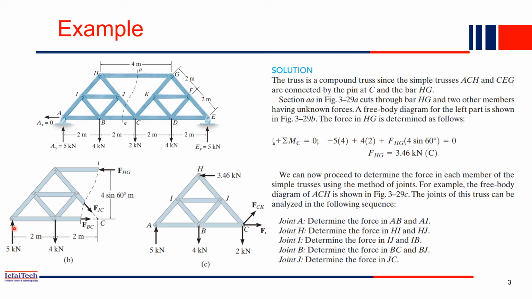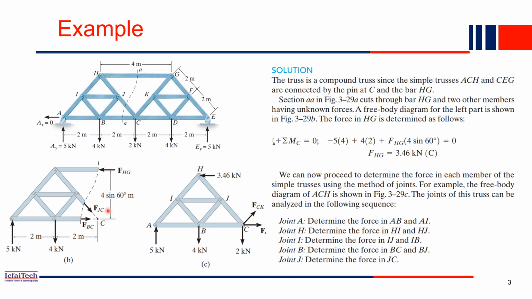Now you will get moment because of the reaction force too. The 5 kilonewton acts in the clockwise direction, which means it is negative. So minus 5 into the distance, which will be 2 plus 2, 4. That's what is mentioned here, minus 5 into 4. Now another force is acting, that is FHG, which is also anti-clockwise, so positive FHG.